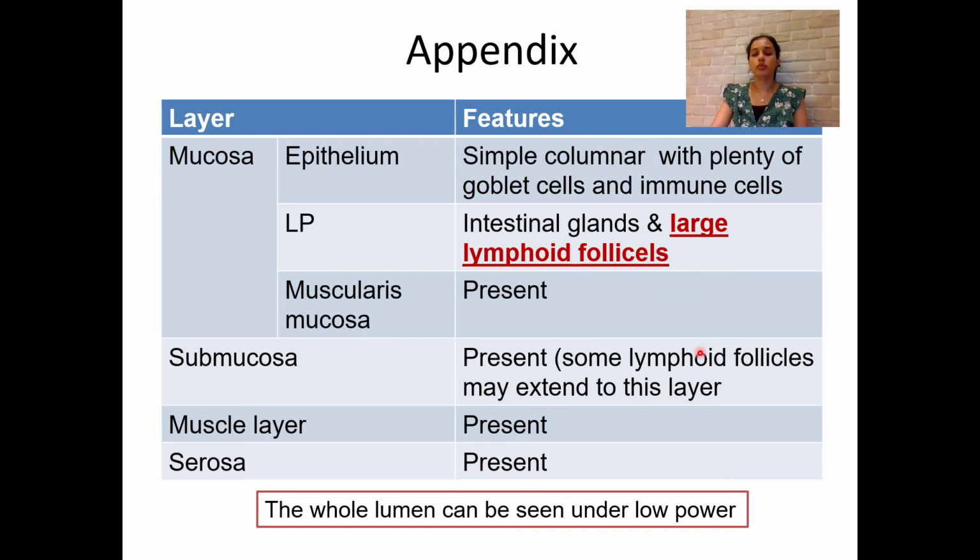The submucosa also has lymphoid follicles which may extend to this layer. Muscle layer present. Here you see serosa because the appendix is an intraperitoneal organ having a mesoappendix. If you see the whole lumen under lower magnification with no tinea coli, then it is the appendix.